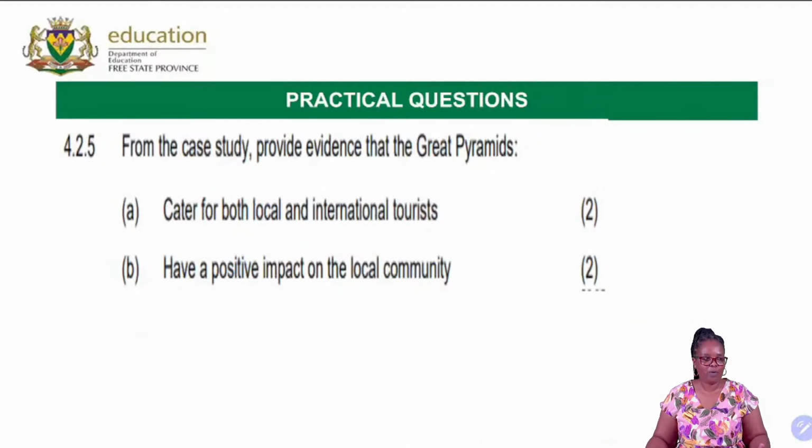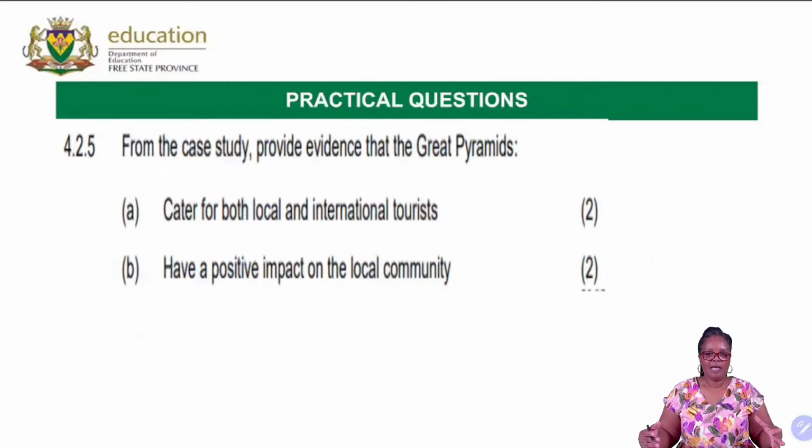So they have a positive impact on the local community because local communities can come and offer their services there. And the drivers for the electric cars and the electric tour buses are local people. They have been employed to drive those.